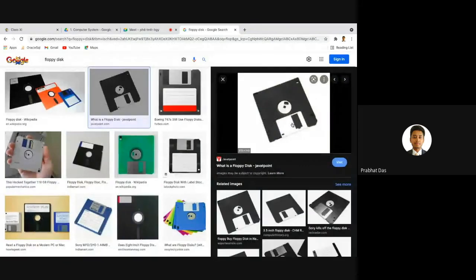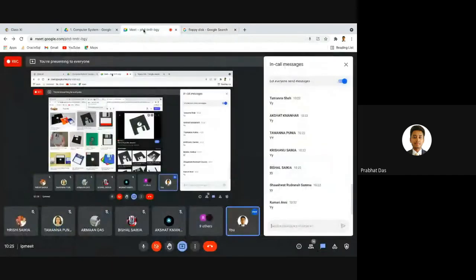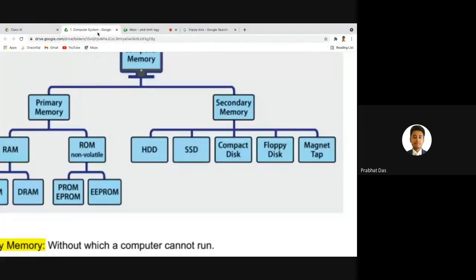The maximum size of a floppy disk when it was very popular was up to 50 MB, 100 MB, something like that, not more than that, because in that time MB was a huge size. As of now GB is a huge size, but a time will come when we will definitely surpass GB.